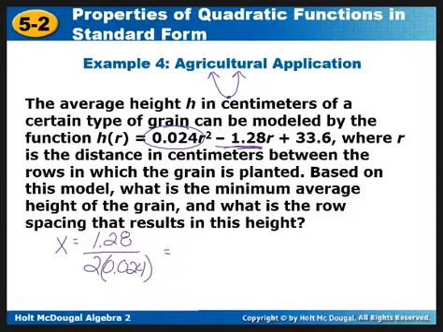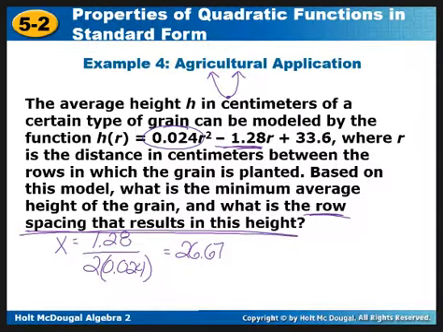We get 26.67 as my x value. This is the x coordinate of my vertex, which actually answers this portion of the problem, because that is the x value, or in this case the row spacing, that gives me my minimum value.